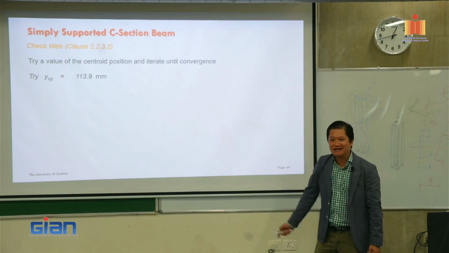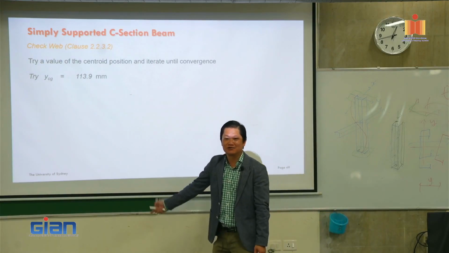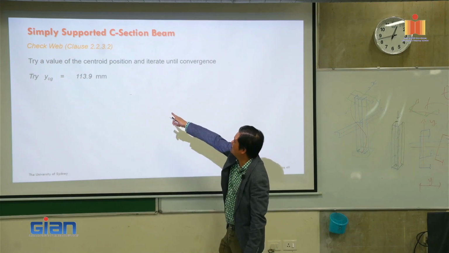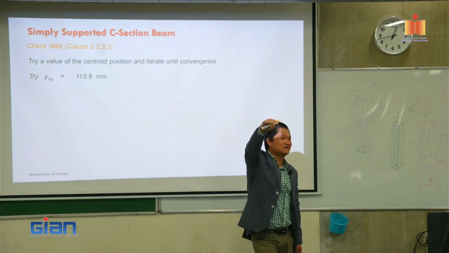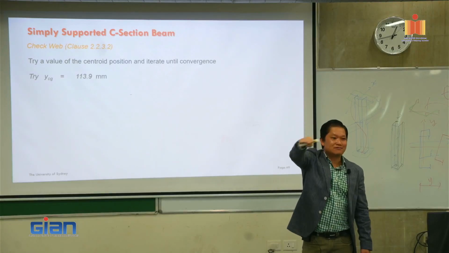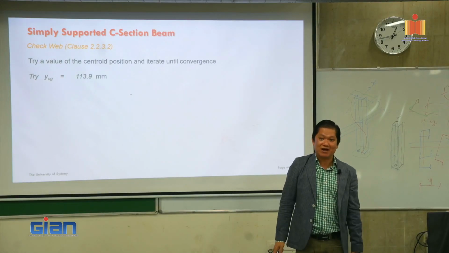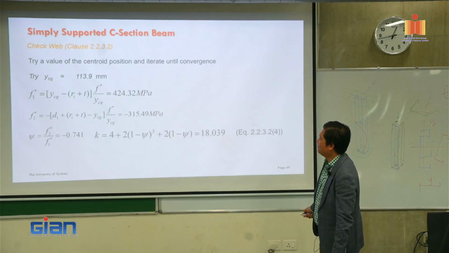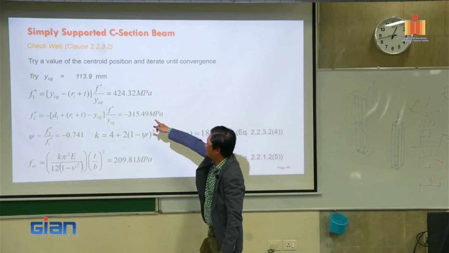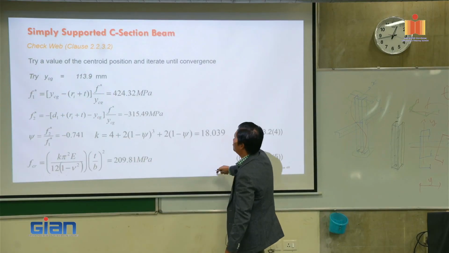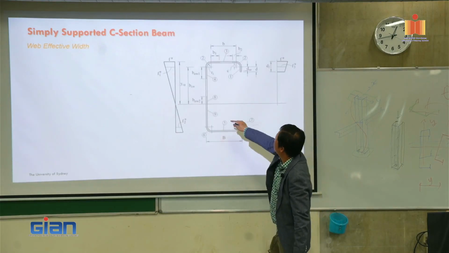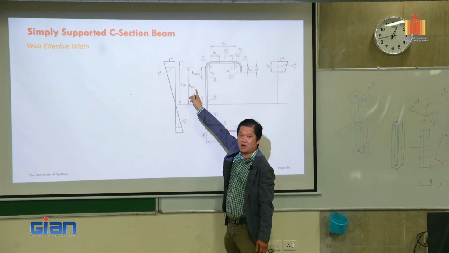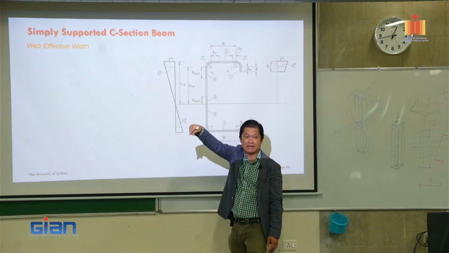We don't know exactly where the new neutral axis is, so we just do trial and error. First we pick one, like 113 or something, below the neutral axis, and then we start to play around. And then we follow the equation in the standard, and it will give you the equation to calculate BEW2 and BEW1, based on our assumption.